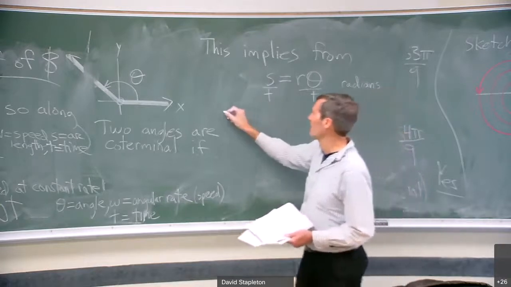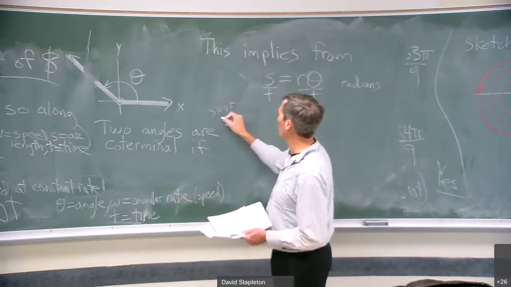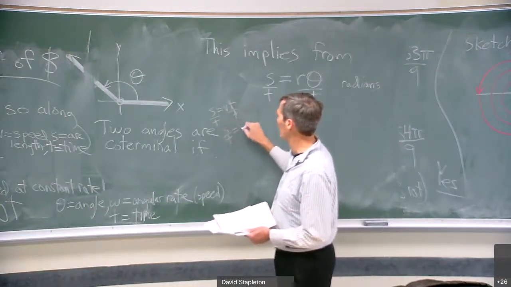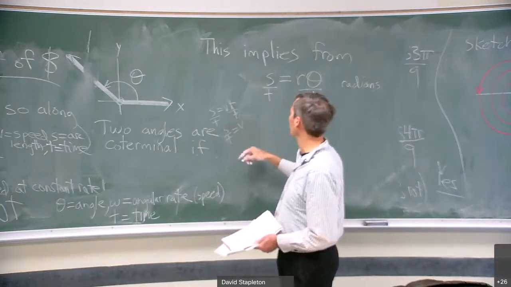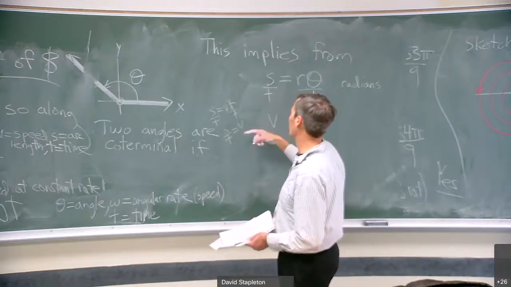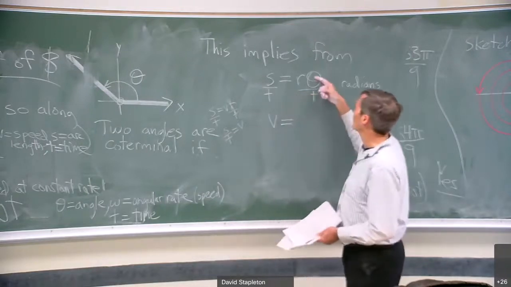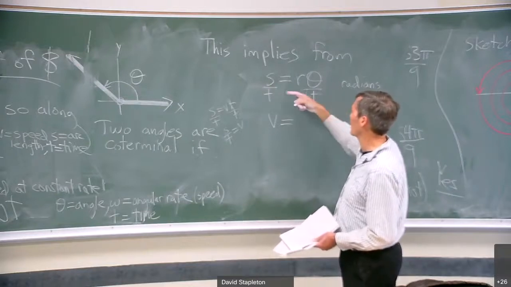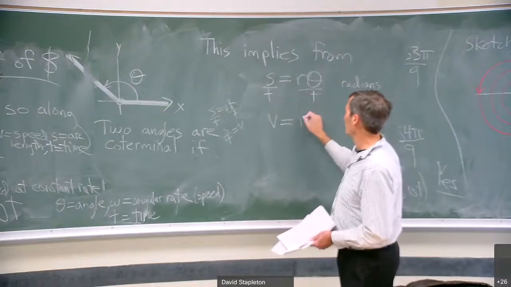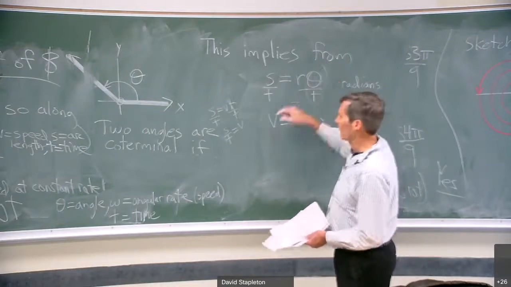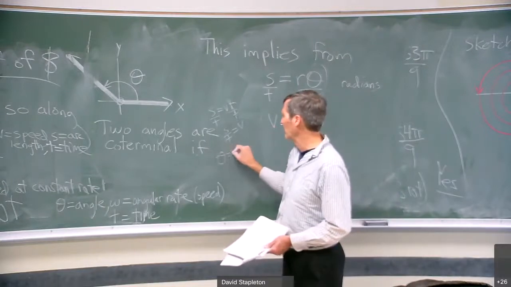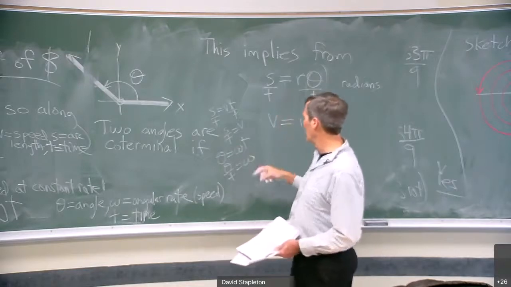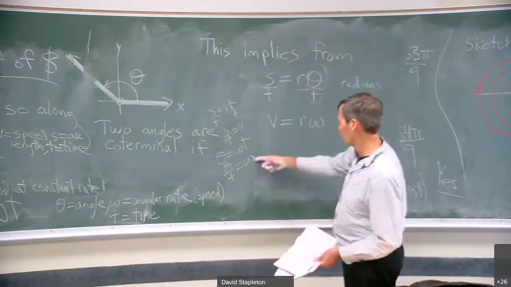Remember, s is velocity times time. So if you divide this through by t, these t's cancel, and you get s over t is velocity, right? Velocity is distance divided by time is what it is, right? So this becomes velocity on this side, or speed for us. And this one, theta divided by t, is the angular velocity, right? This is angle divided by time, just like this is distance divided by time. This becomes v equals r omega. So from the other relation we had that theta equals omega t, we divide that by t and get theta over t is omega. That's a small omega, doesn't look like what's on the Greek houses.